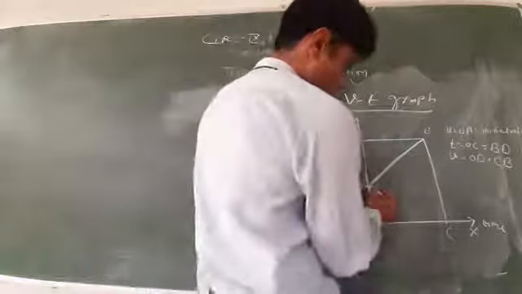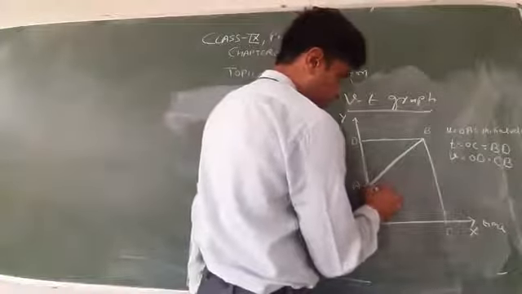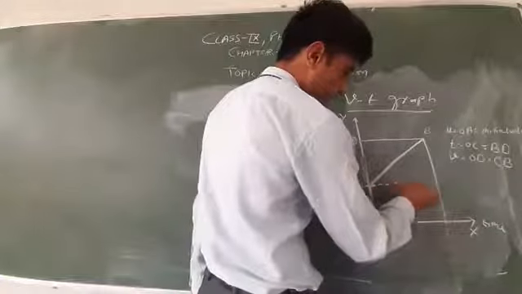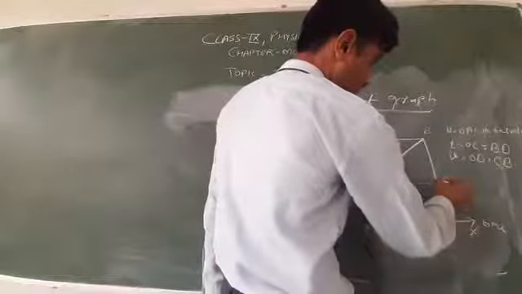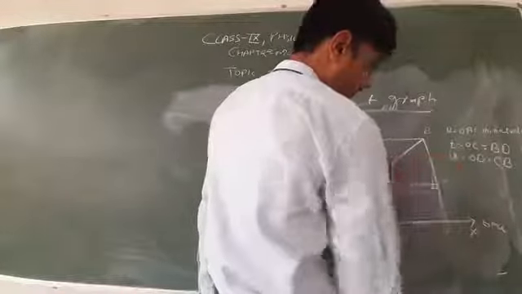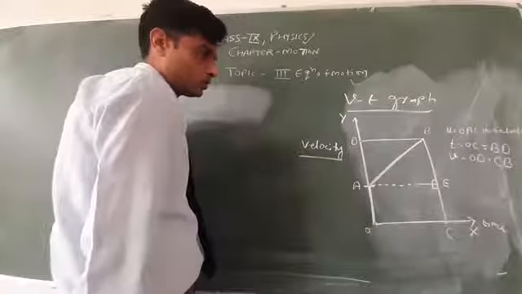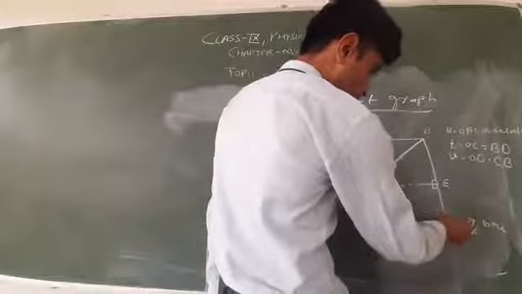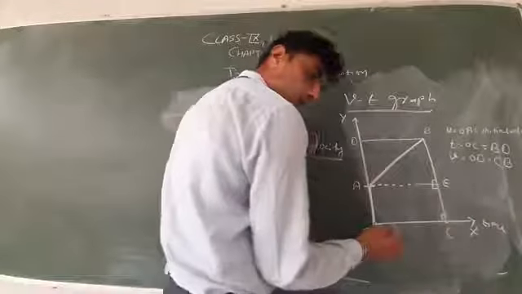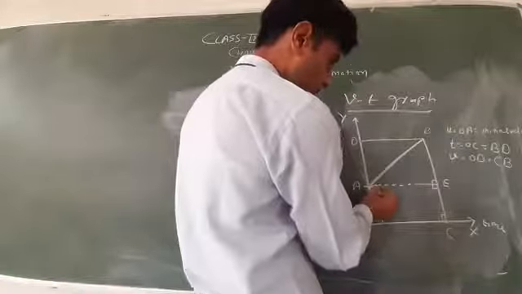If a perpendicular is drawn from point A on BC, then it intersects BC at point E. This is the perpendicular. As you can see, there is a 90-degree angle between the x-axis and y-axis, so this is also 90 degrees.